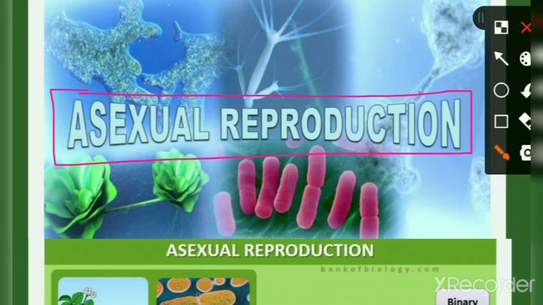Asexual reproduction is defined as when a single individual is able to give rise to new offspring of its own kind, then such type of reproduction is known as asexual reproduction.